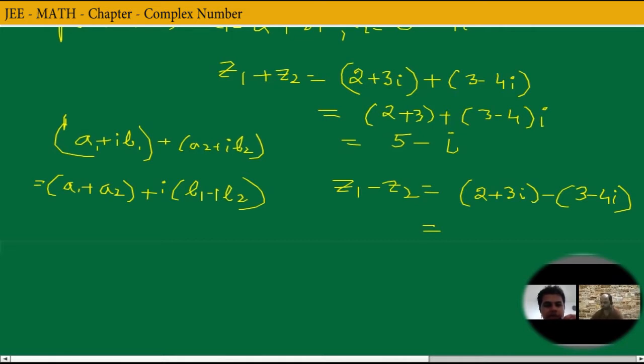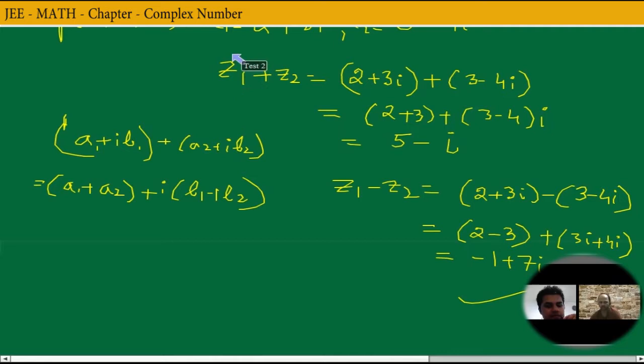It will be 2 minus 3, and plus 3i plus 4i. Okay, double negative will make it positive, true. What would be the next step? It will be negative 1 plus 7i. Okay, perfect. So this is all about the conceptual discussion.